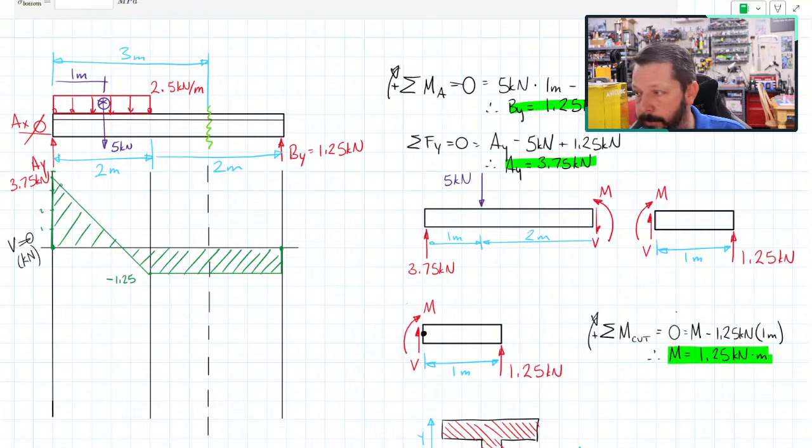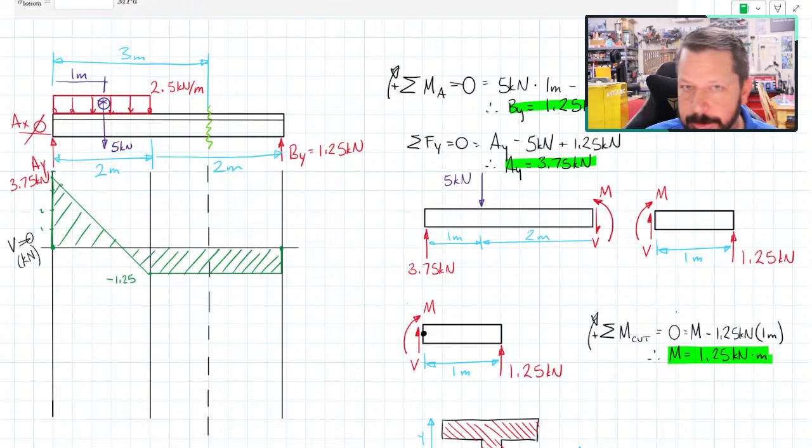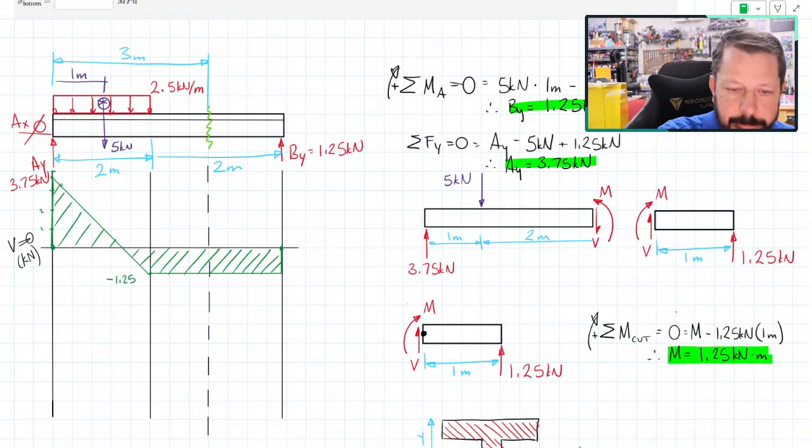Now what I need to do is go in and integrate the shear diagram, which means I need to calculate the area of all the little shapes. So the first one is this triangle, which I don't know the base of. So I do have to figure out the base here.